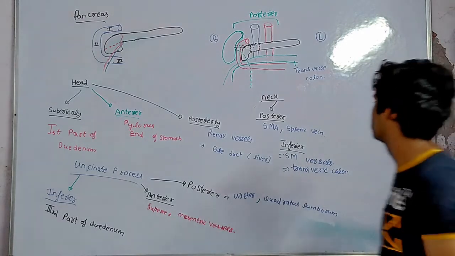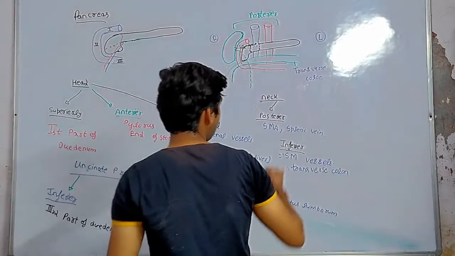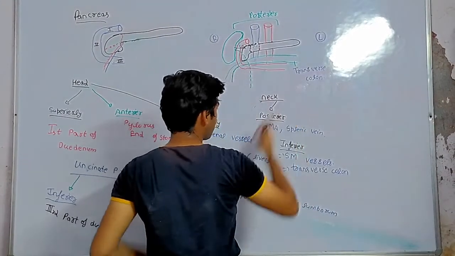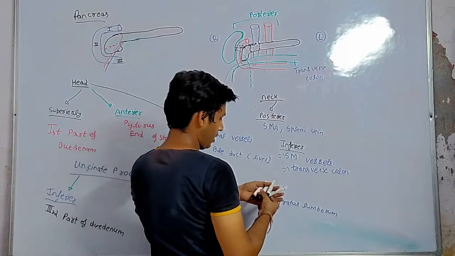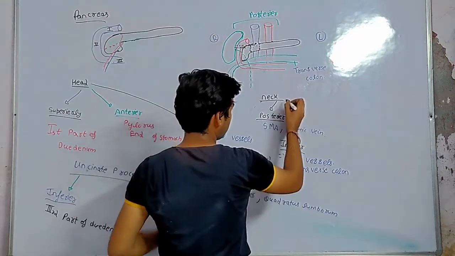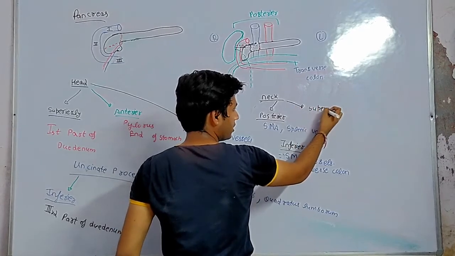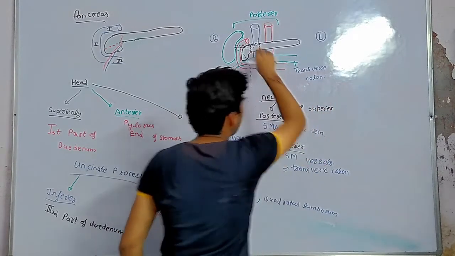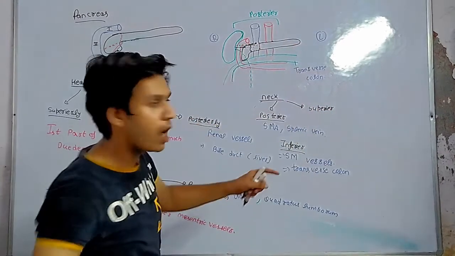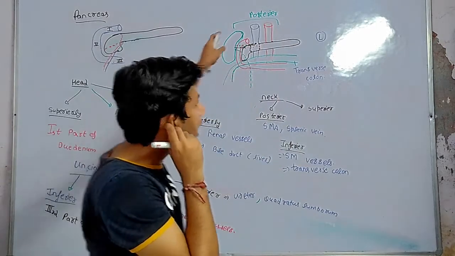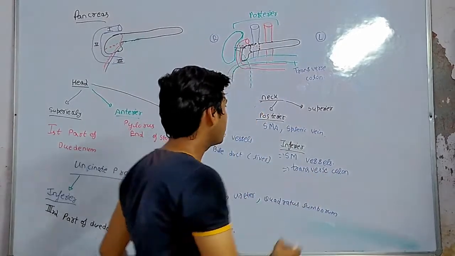Then superiorly we have the superior relations, important, of the neck. Superiorly we have the celiac trunk bifurcation. Remember, this side goes to the splenic artery and this side to the hepatic artery, the common hepatic artery.